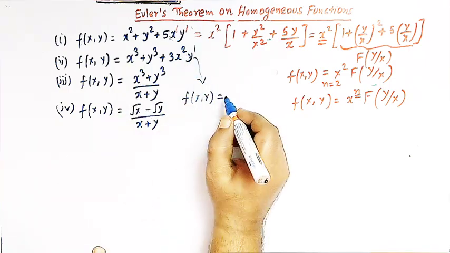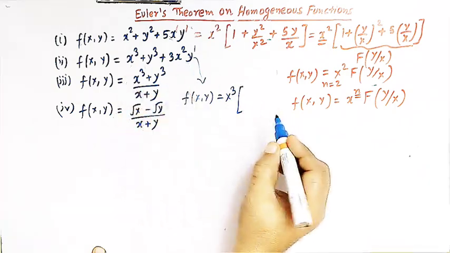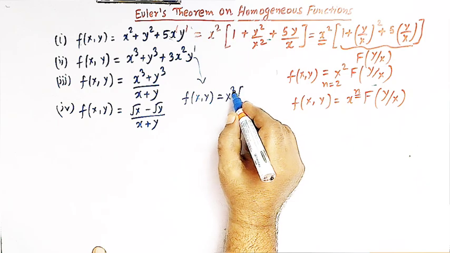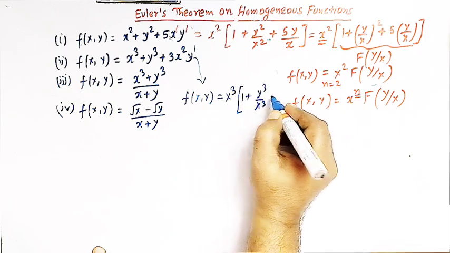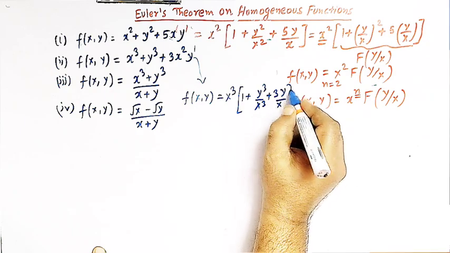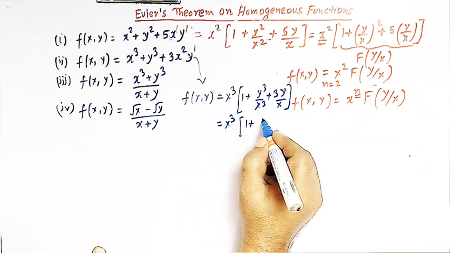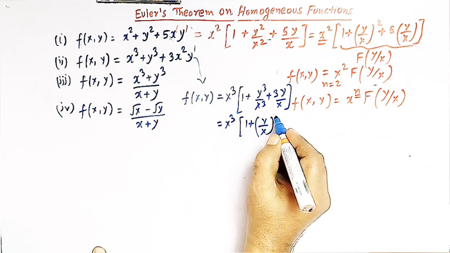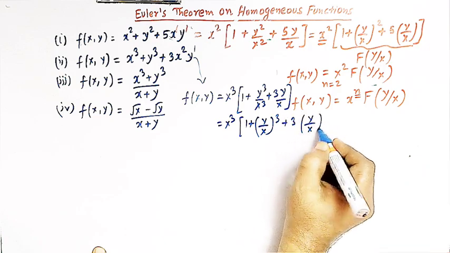So let us take x cube common from these three terms. So we have x cube, then 1 plus y over x whole cube, plus 3 times y over x.